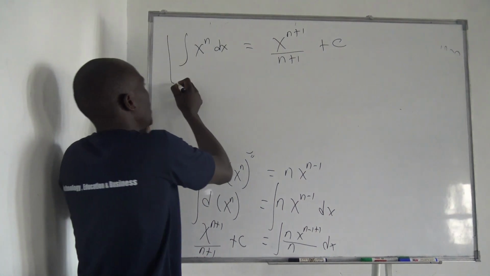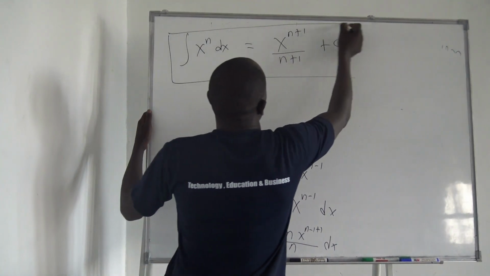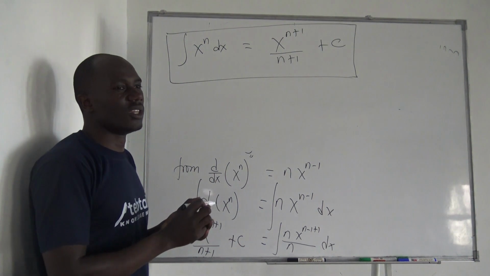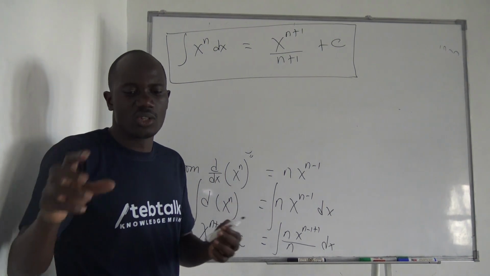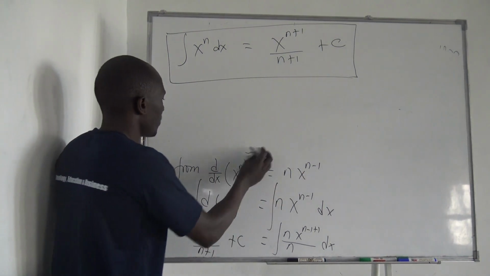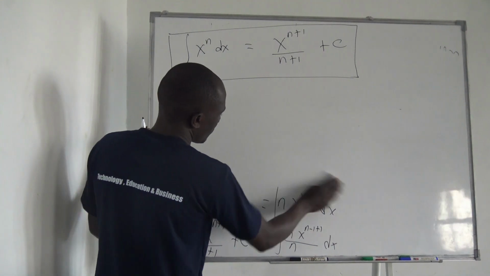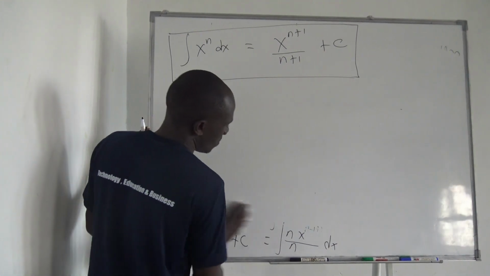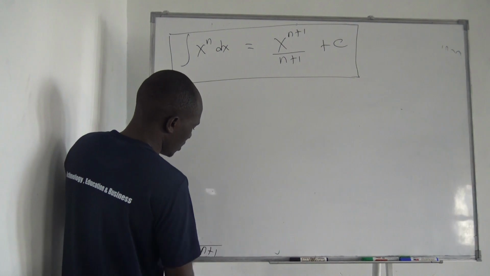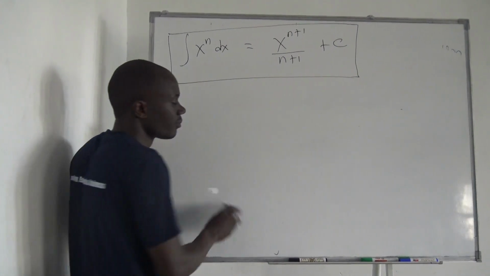So from today, know that when you integrate any number with respect to what has been given, you add 1 to the power, then you divide by the new power which has come out. So dx means with respect to that variable which they have talked about.